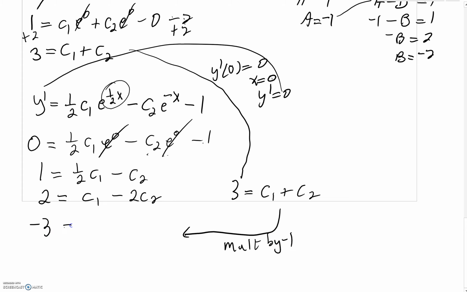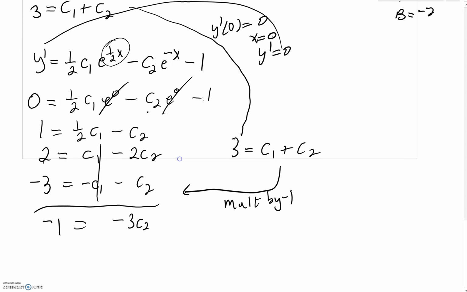You might say, why are you doing that? Well, going back to Algebra 1 days, we're going to do elimination. We're going to cancel this out. We'll have -1, 2 plus -3 is going to equal -3 c sub 2. And that means c sub 2, when I divide by a -3, is going to be 1/3.